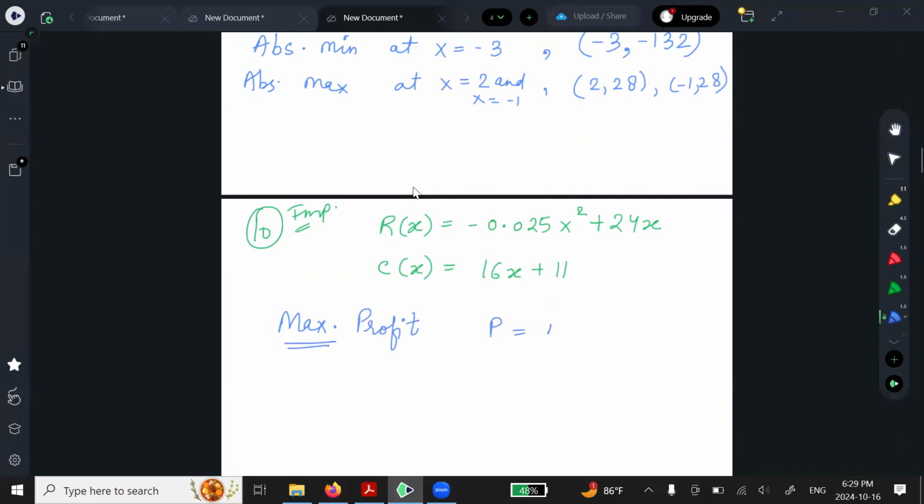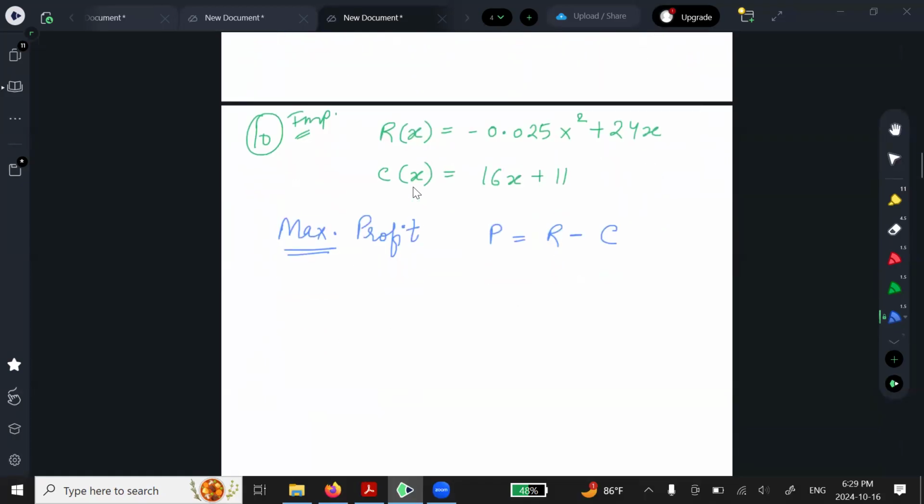Profit function will be revenue minus cost. All you have to do is find your profit, differentiate it, find the critical points, plug it in, and that's your value. Now, let's just find the profit. So, take out your calculators and you have to make it faster. 8x, right? -11. What is the derivative of profit function?